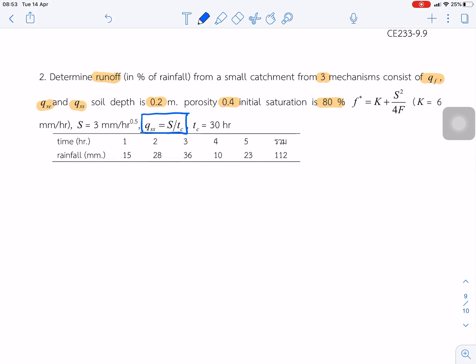This process we can divide into two parts.